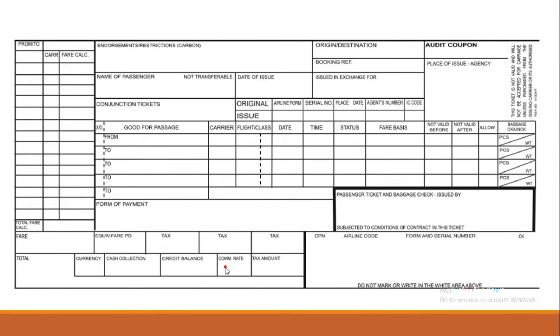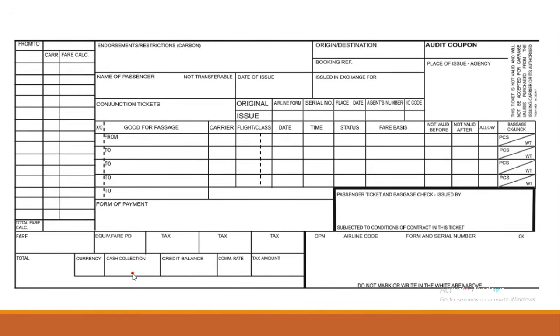For SAA it will be various things. Please go into your textbook and really verify the com rate codes that are used for this particular section. So the only thing that you will write in the com rate is either 1, 0, or whatever code you will be using for that specific airline.